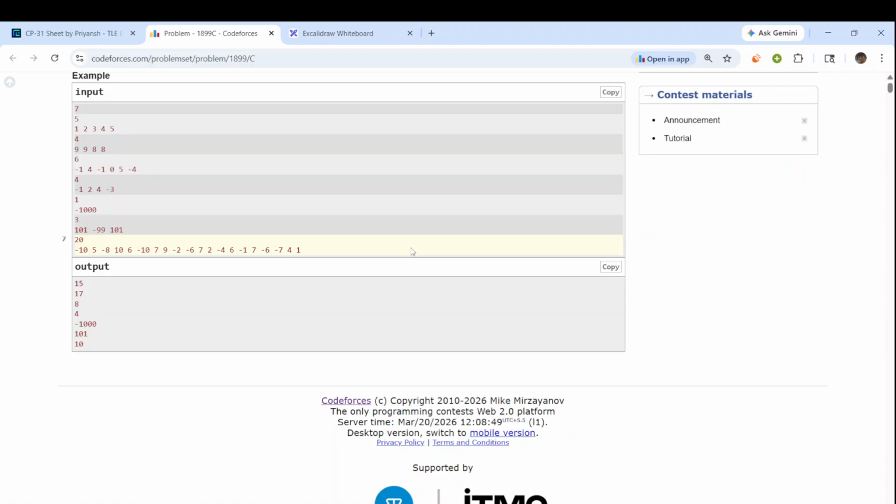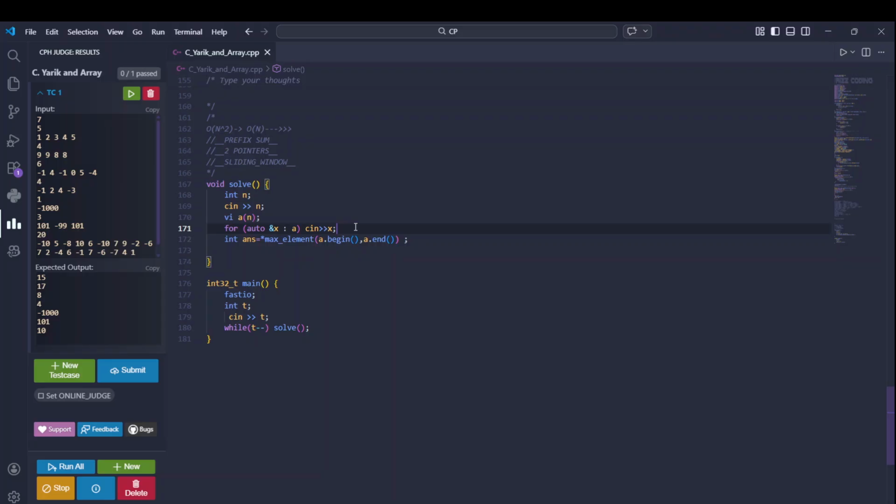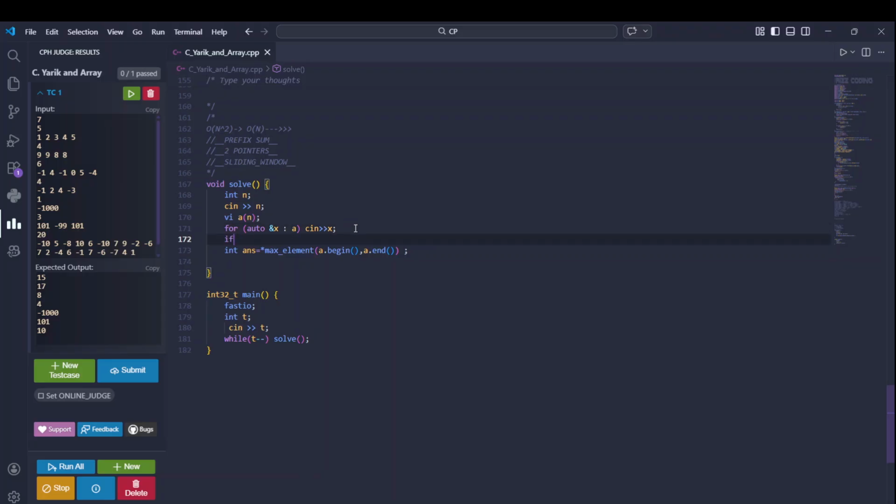Obviously, there's no question in it if n equals 1, just c of 0.